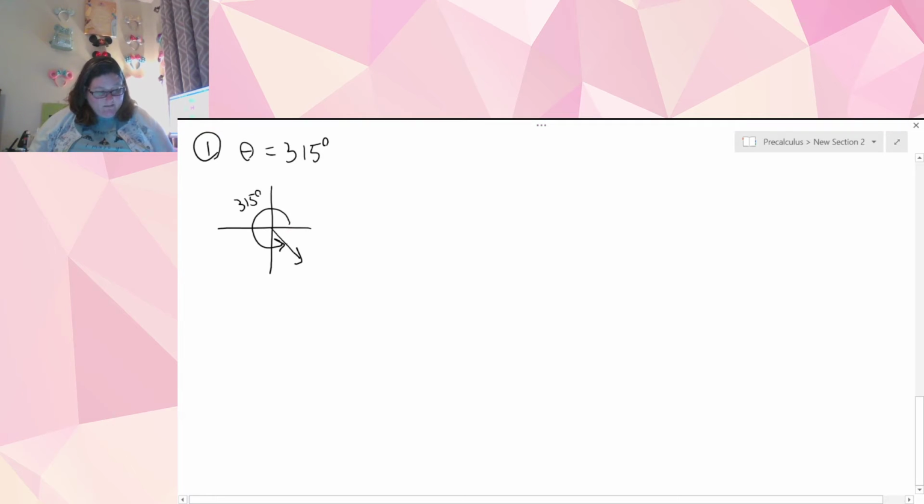My reference angle is from that line up to my x-axis. I'm going to do 360 minus 315, which is 45. So my reference angle is 45 degrees.